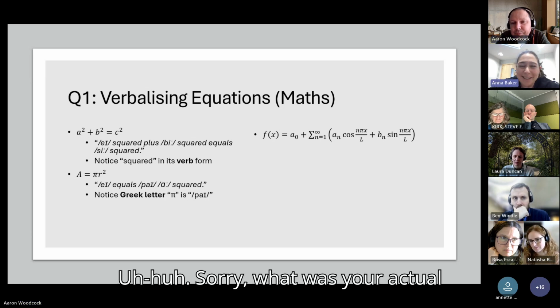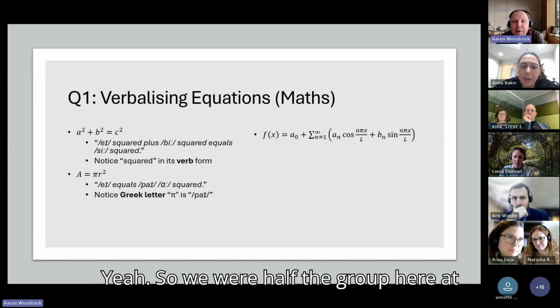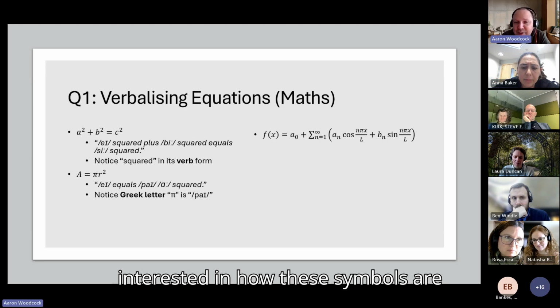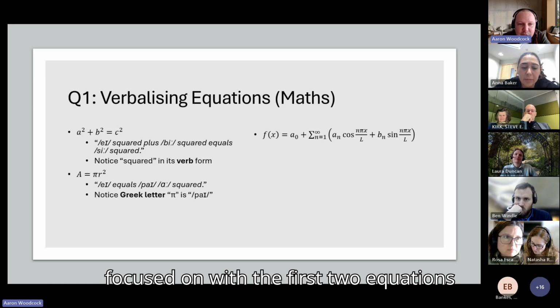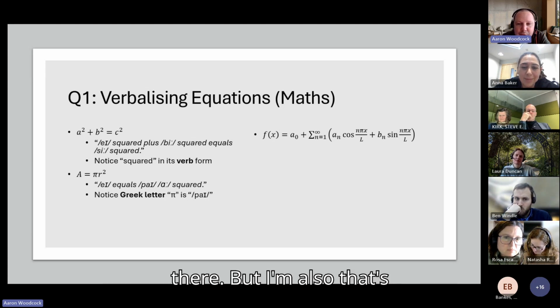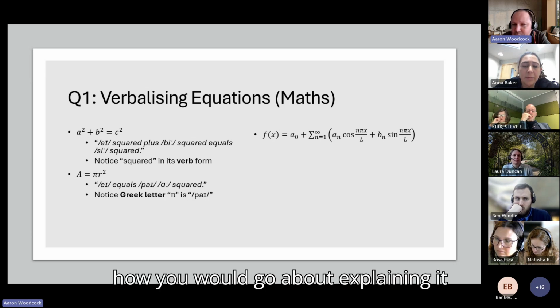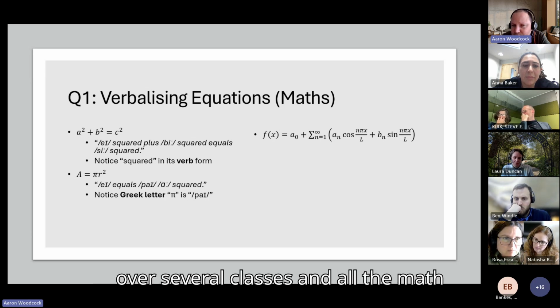Sorry, what was your actual question about how I'd present this in class? Yeah, so half the group here are interested in all the language. We're interested in how these symbols are pronounced, which is what we really focused on with the first two equations. But that's half of it. The other half is how you would go about explaining it, because you would teach this probably over several classes.